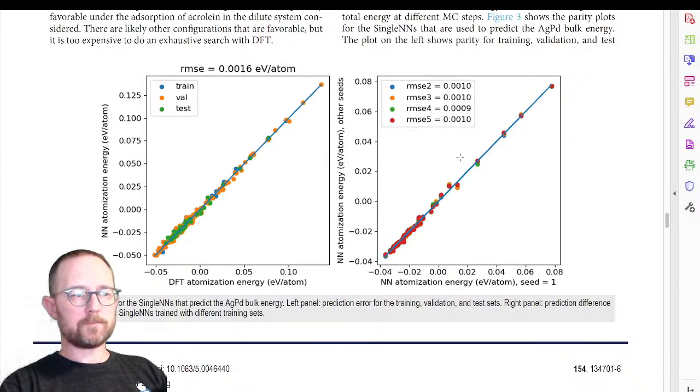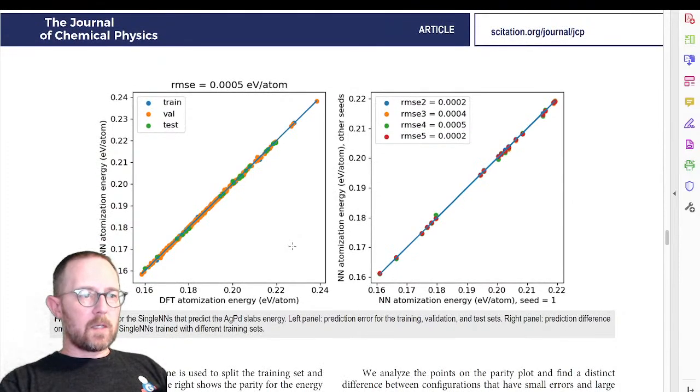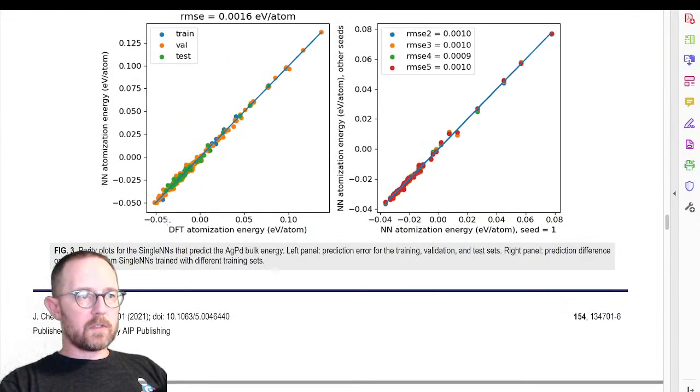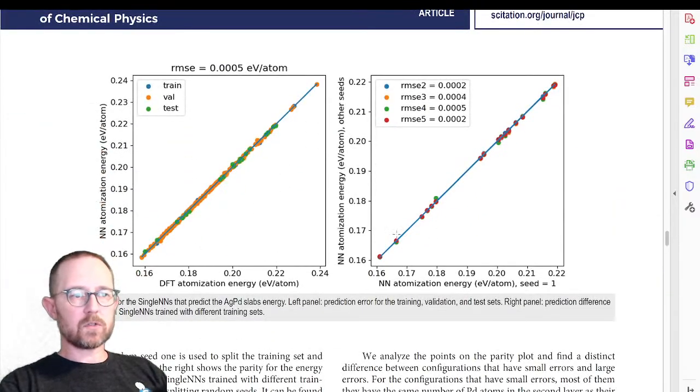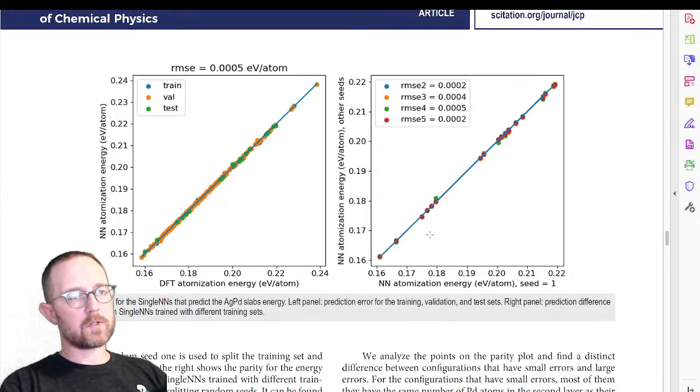It's all pretty good. This is the same for the slabs. These are the results for the bulk alloys. These are the results for the slabs. So this is mostly just showing you that we have 2 neural networks, one for bulk energy, one for the slab energy, and we think they're pretty good.